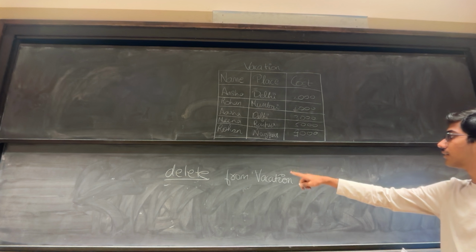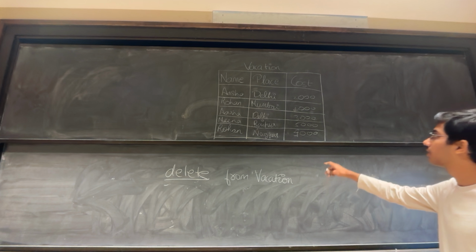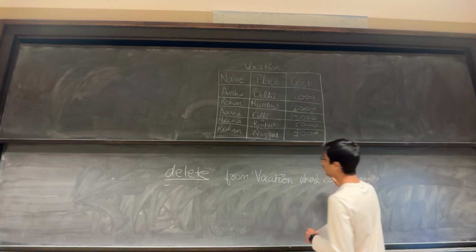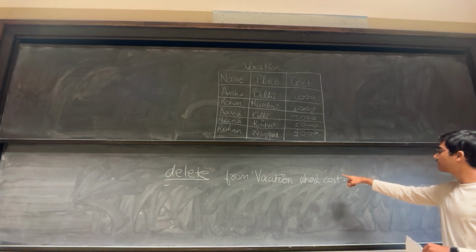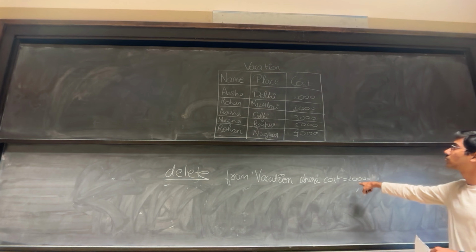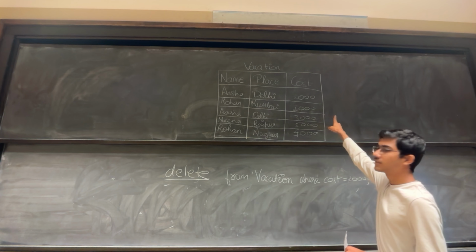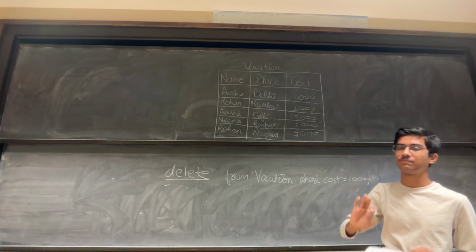So I'll write delete from vacation where cost is equal to 2000. So the computer will go here, it will see where is the cost equal to 2000. So it's equal to 2000 for Asha's row. So it will just delete that entire row from the table.